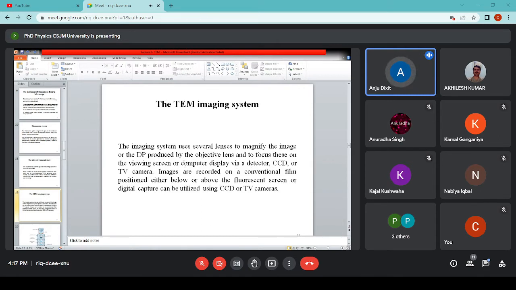So here we have the computer display, the detector, and the CCD or TV camera. Images are recorded on a conventional film, with a fluorescent screen positioned either below or above, or digital capture can be utilized using CCD or TV cameras, which take the picture of these images.